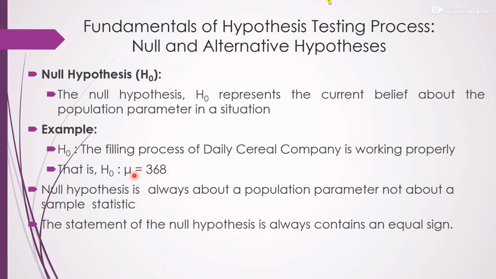If true, then okay, we say that it is 368. But based on the sample, if we say that it's false, then what is your decision? That decision should be specified in the alternative hypothesis.